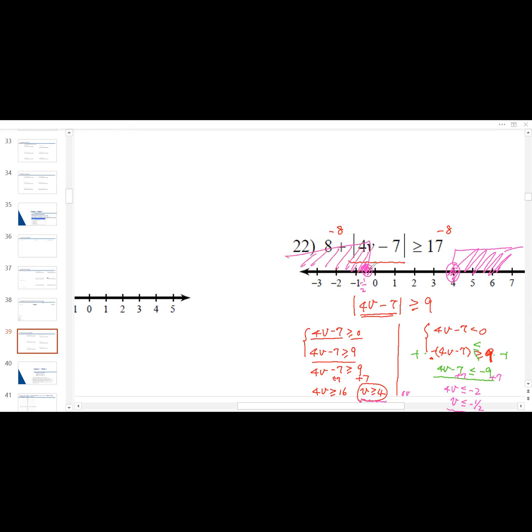When you write interval notation, it will be negative infinity to -half, and 4 to positive infinity, using brackets because they are equal.